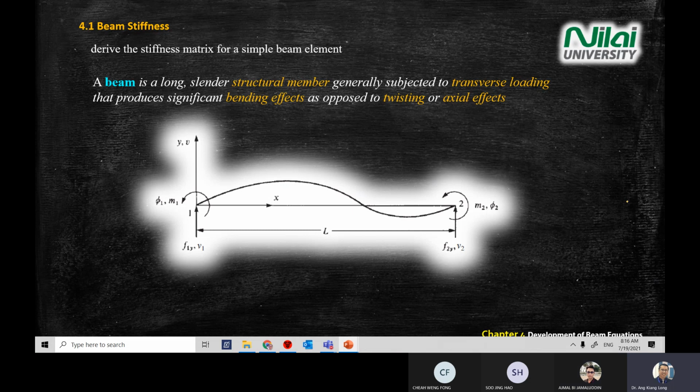Yes, sir. Asmal, can you explain what you understand about the differences between beam, spring, bar, or truss? How do you differentiate when this is a beam problem, or a truss problem, or a bar problem? I think it's the effect of the certain load on the structure.